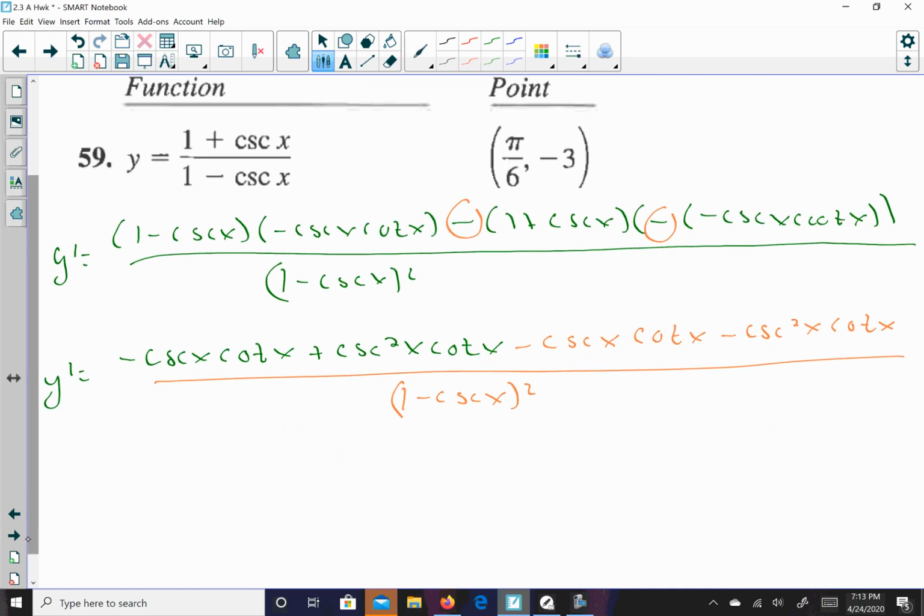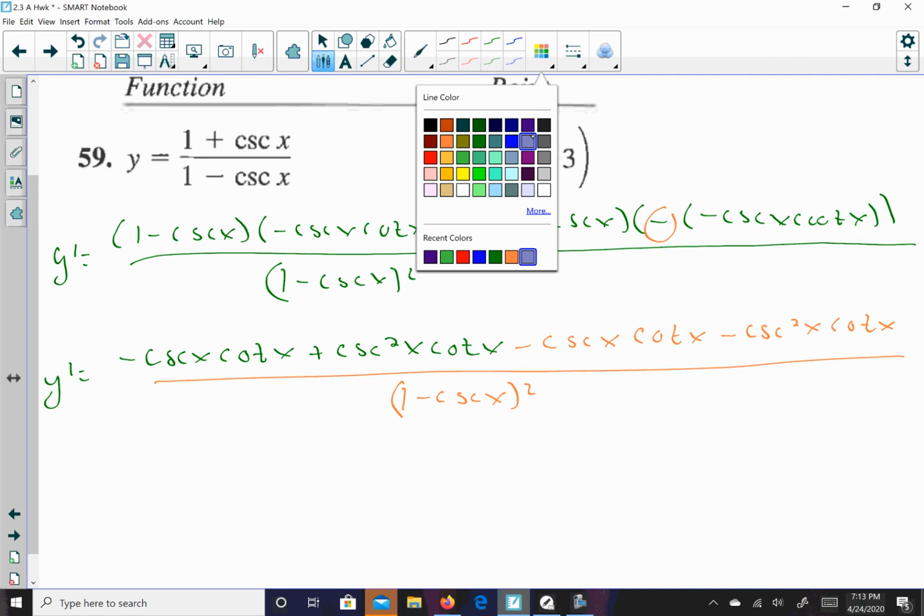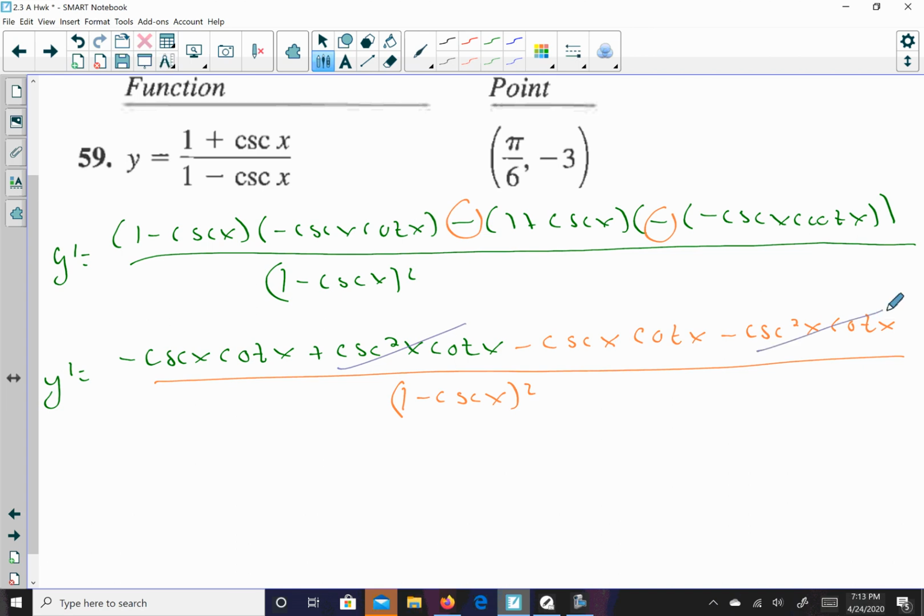So these two are opposite signs, so they will equal 0. And then this term and this term are like terms, and I have 2 of them. So I'm going to write negative 2 cosecant x cotangent x all over 1 minus cosecant x, that quantity squared. And I think that's as simplified as I can get it.